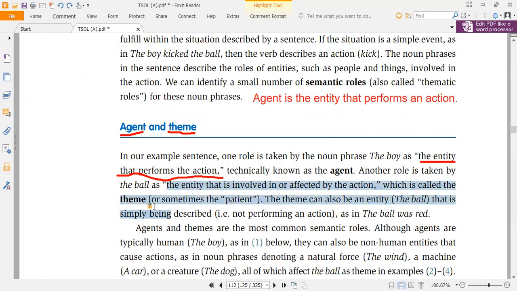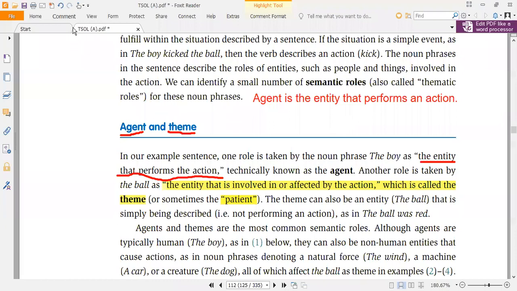Let me better highlight it. Remember, the theme is also known as patient sometimes. Theme or patient, right? Theme means the entity which is involved in an action or which is affected by an action.